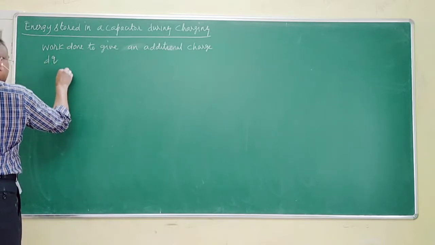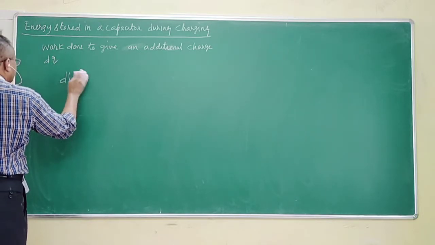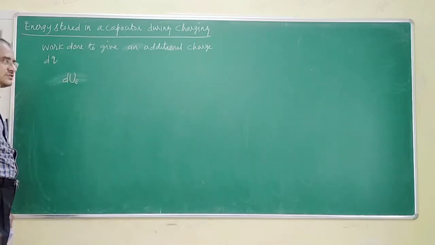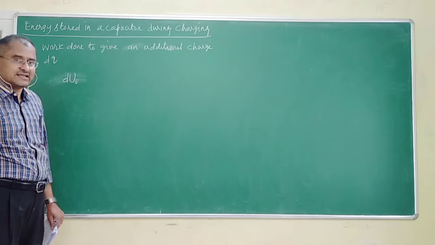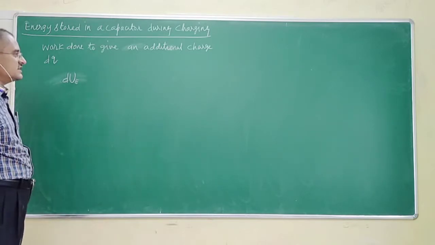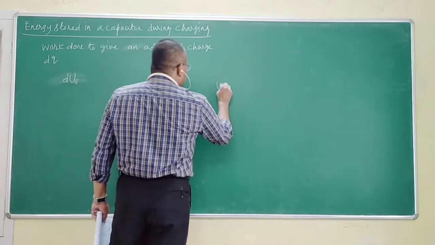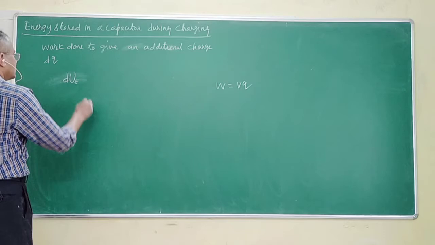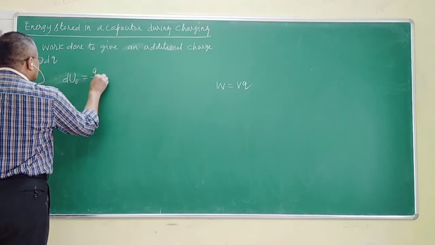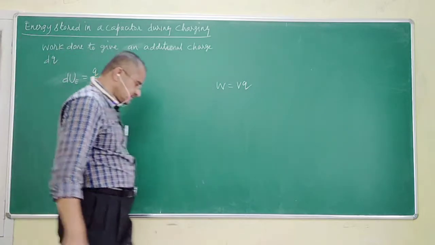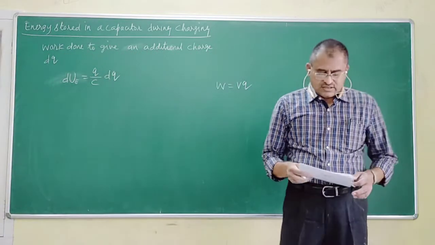I will write dU_E, because whenever a capacitor stores energy, it is stored as electrical energy. That is the reason why I put a suffix here. We know W is equal to VQ. V in the case of a capacitor is q by C. The charge given is dq. Therefore, the expression. Is that okay to you, sir?